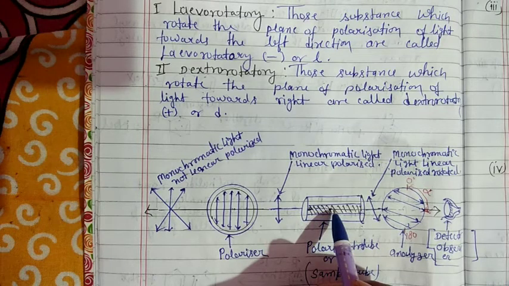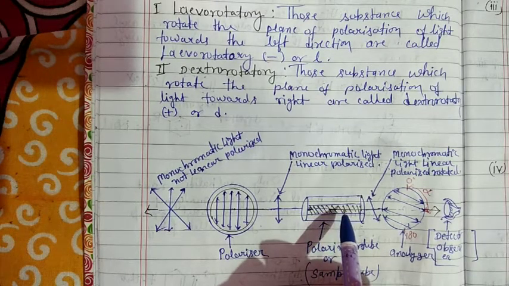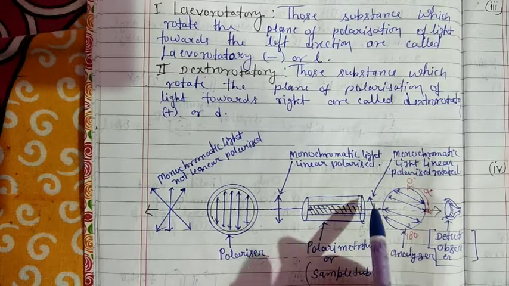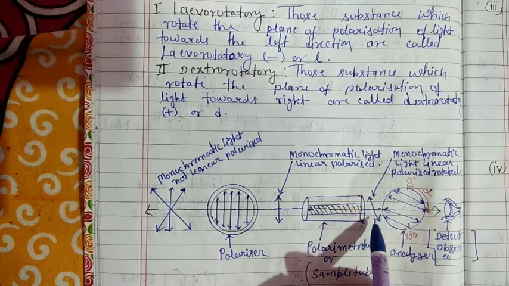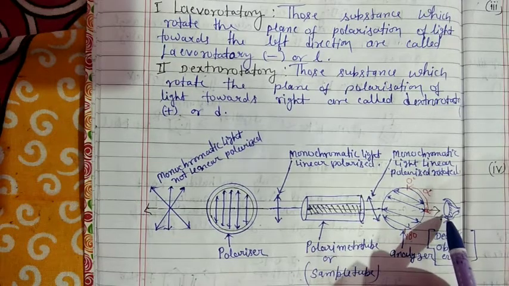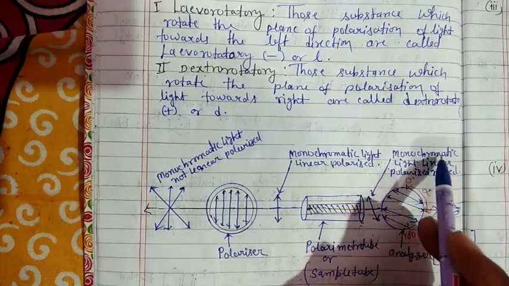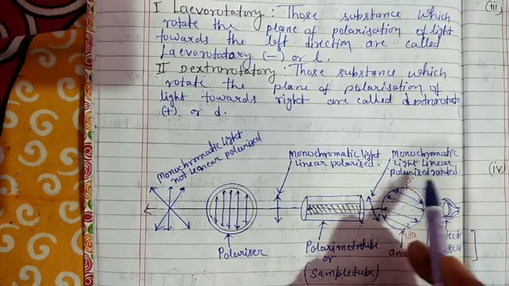These organic compounds can rotate the light either to the left side or right side, as observed by the detector or observer. This is the monochromatic light, linear polarized, rotated.